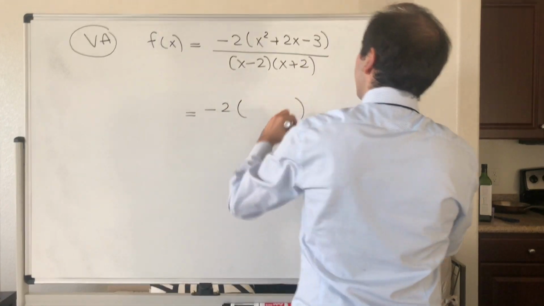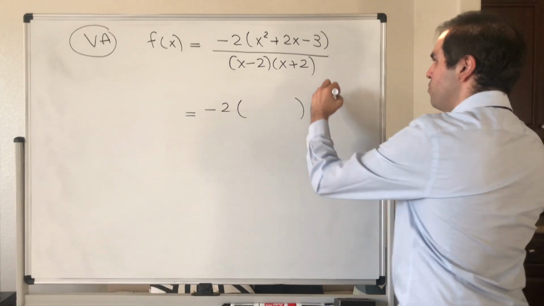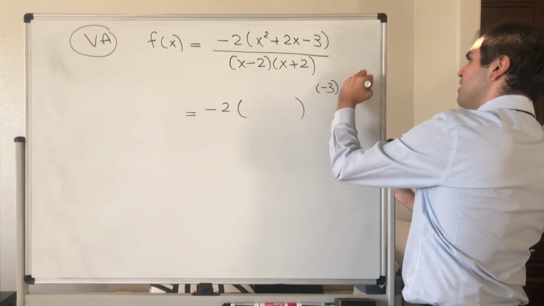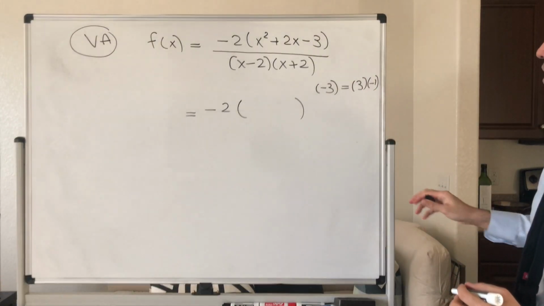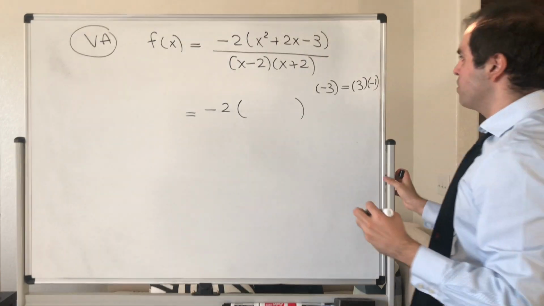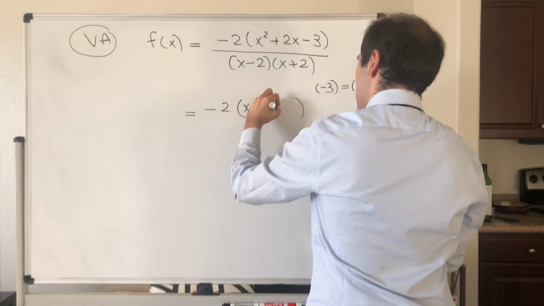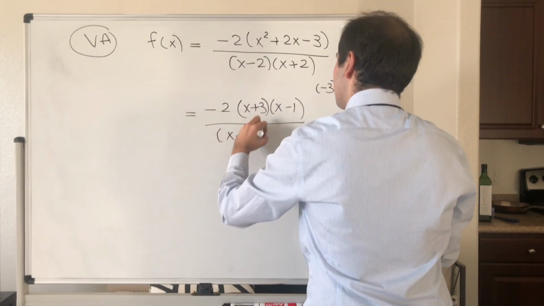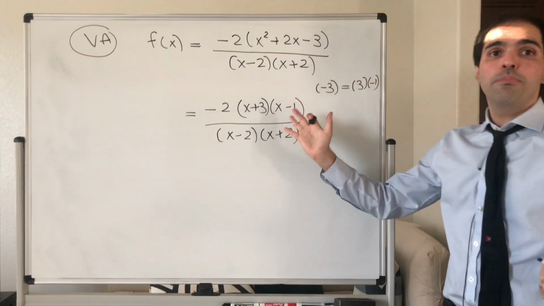You want to write minus 3 as the product of two numbers which sum to 2. So for instance, I believe 3 and minus 1 works. So this tells you that we have x plus 3 times x minus 1 over x minus 2 times x plus 2. And notice, this is simplified.